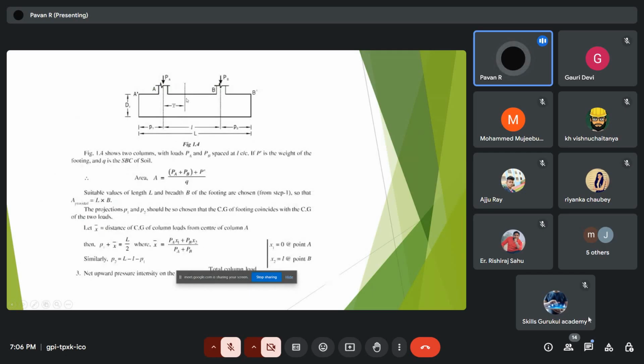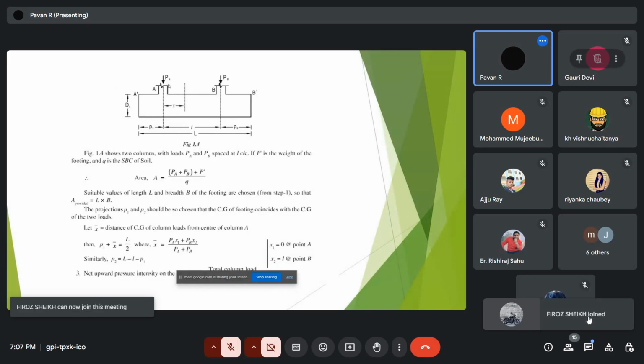As we see in this image, PA is the load on column A and PB is the load on column B, and D is the effective depth, and x dash is the distance from PA to the point of centroid.